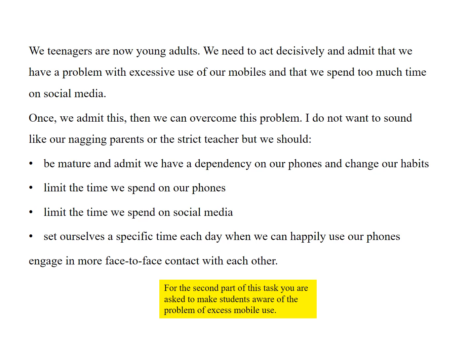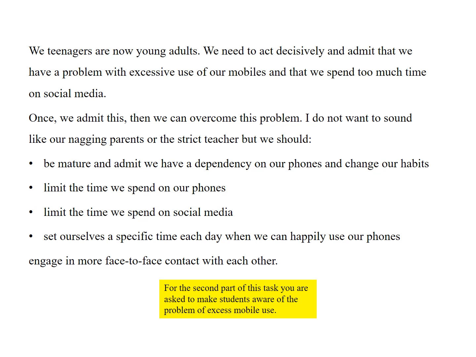Once we admit this, then we can overcome this problem. I do not want to sound like our nagging parents or the strict teacher, but we should be mature and admit we have a dependency on our phones and change our habits.